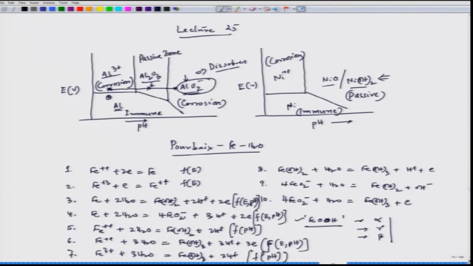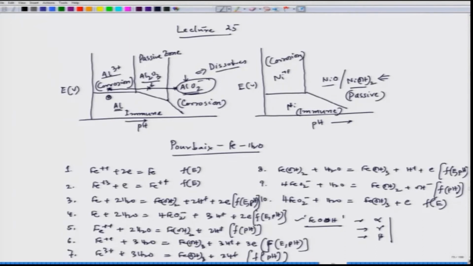If you follow the Pourbaix diagram for nickel, you can easily understand. This is function of E and pH, this is definitely a function of pH, this is function of potential.